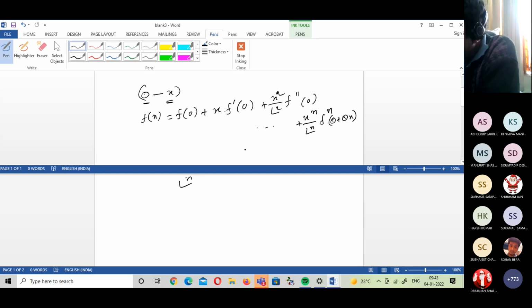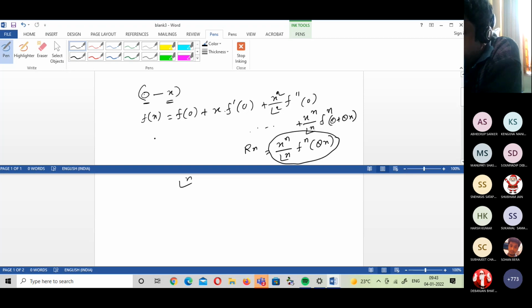So here Rn is x to the power n by factorial n, fn of theta x. This is known as Maclaurin's expansion with Lagrange's form of remainder.